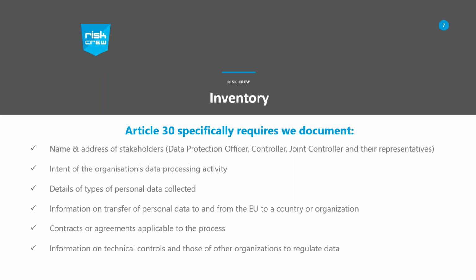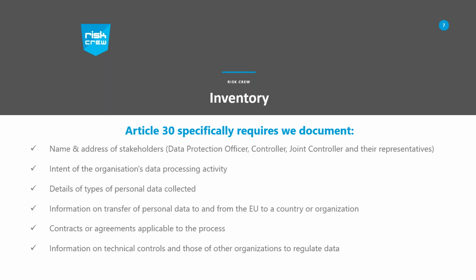Specifically, Article 30 requires us to document the name and address of our data protection officer, the controller of the information, any joint controllers, and any data processors that we use. We also need to document the intent of the organisation's data processing activity, and the details and types of any personal data we collect.